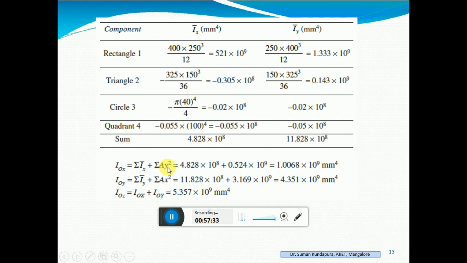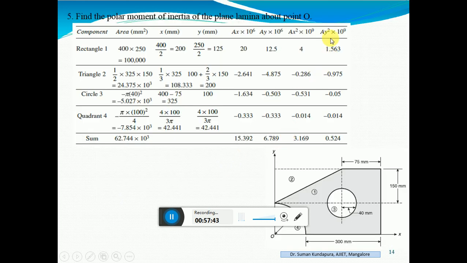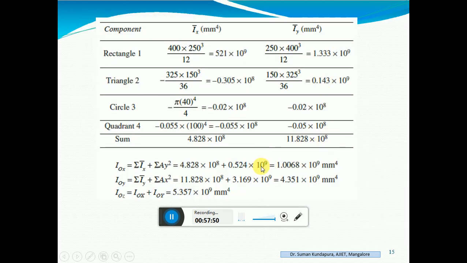Summation Ay square. That is, Ix bar is 4.828 into 10 raised to 8 plus Ay square 0.524 into 10 raised to 9. So summing up these both you will get 1.0068 into 10 raised to 9.